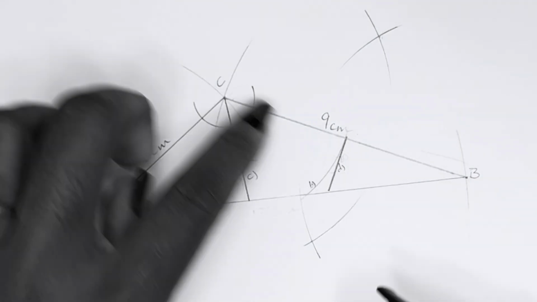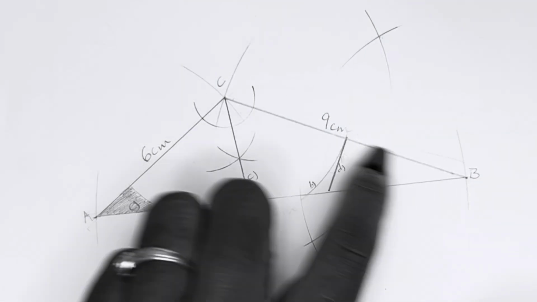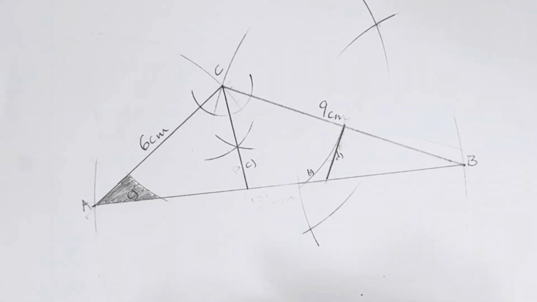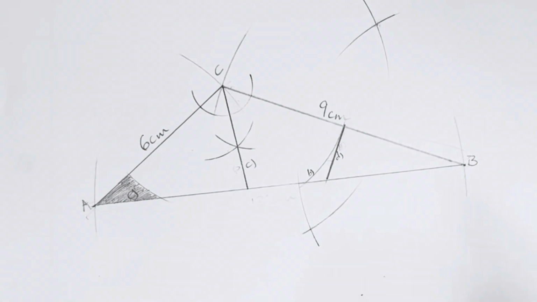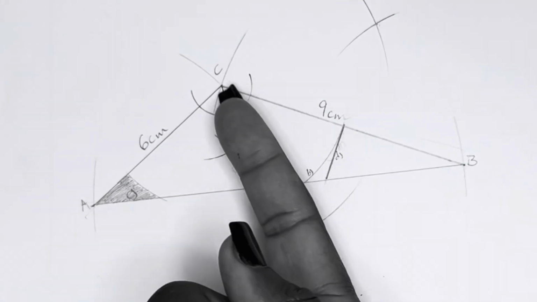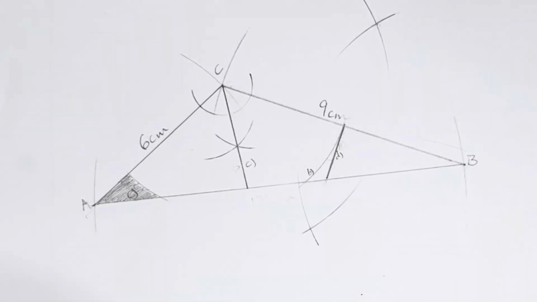So if this is 5 centimeters, then it's also 5. This is 4.5, 4.5. And remember, bisecting means dividing into two equal parts. So bisecting an angle means dividing the angle into two equal parts. And then you just follow your instructions when they want you to shade something.